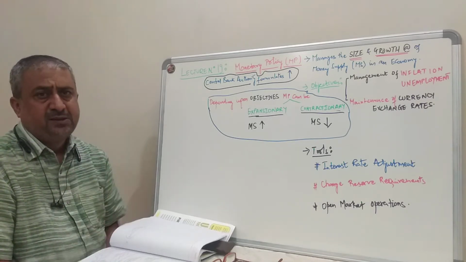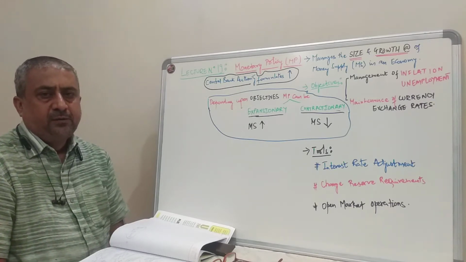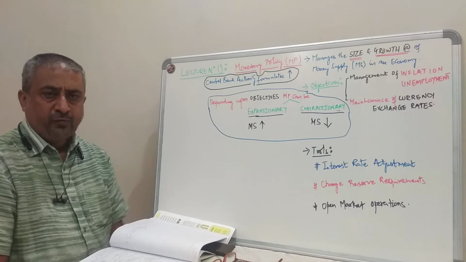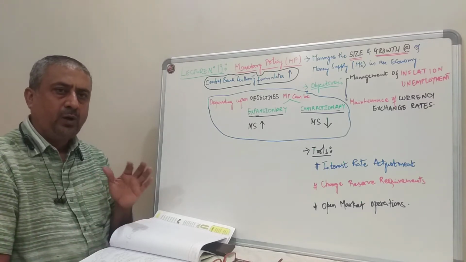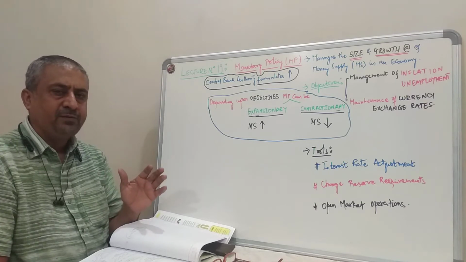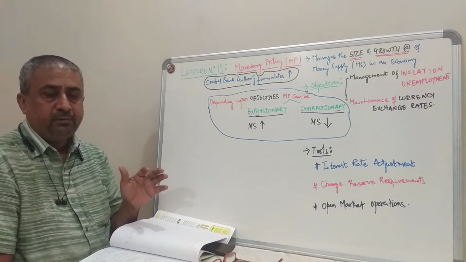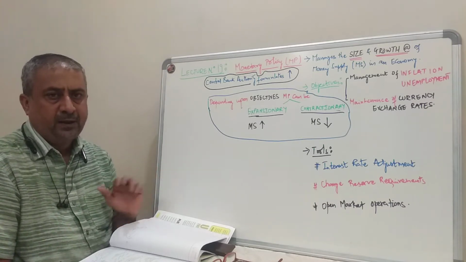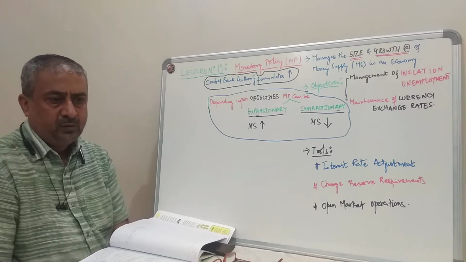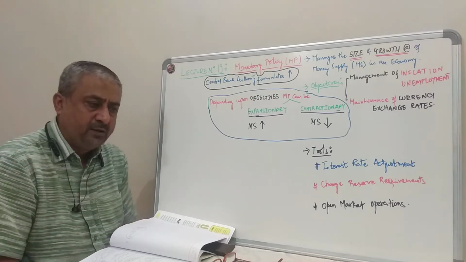To be very precise, firstly, let us be very clear about who formulates this policy. Monetary policy is related with, as the name itself suggests, money. Now, with respect to what? With respect to supply. How does it do that?